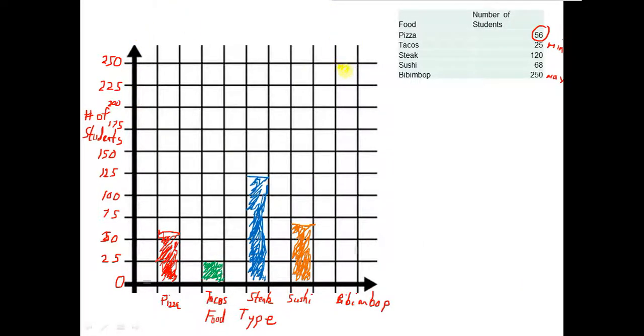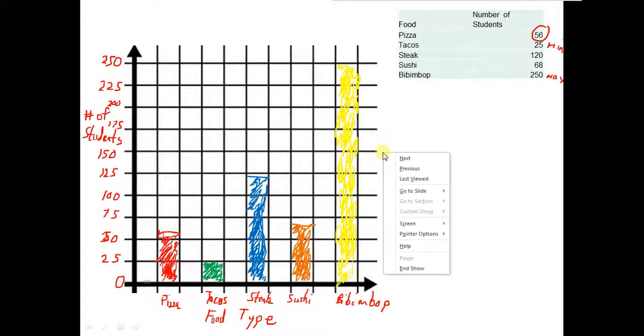So bibimbap all the way up to 250. And so that's why ideally we use different colors. We don't have to, but it just makes it easier to see the differences between the bars. So we need to do one last thing here before we're done.